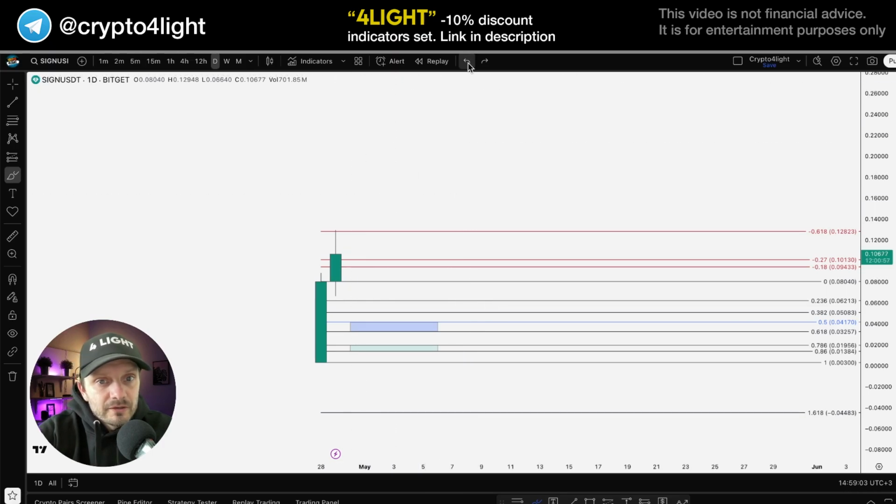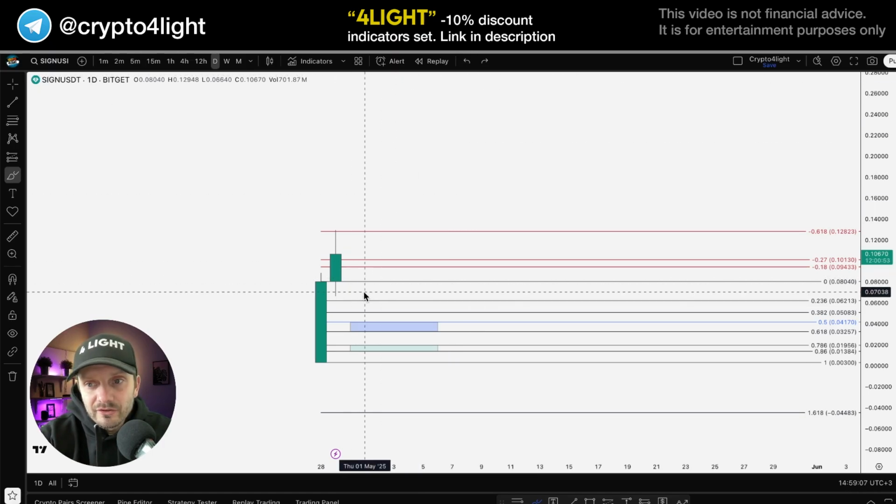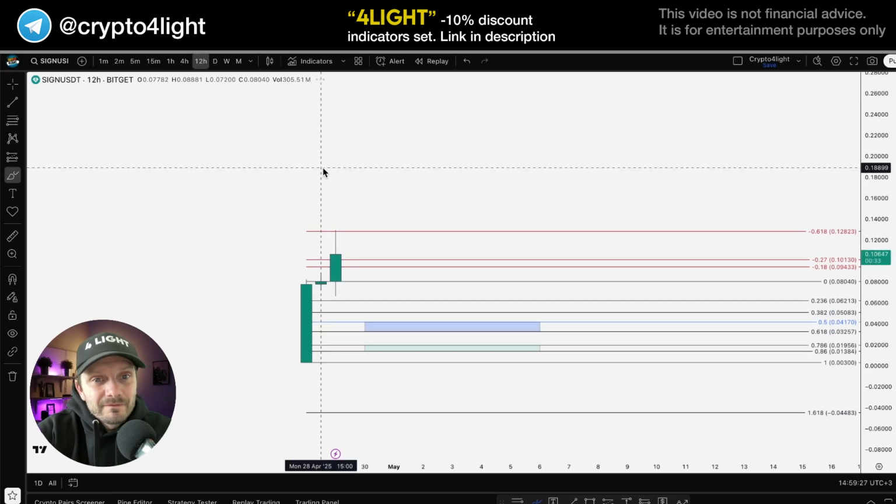People just see the date of the unlock, don't look at the price chart, and think it should be a dump. No, we saw examples, like Hashflow, when before the unlock the price dumped, and after the unlock the price pumped, because of human nature, human behavior. They usually lose money with the wrong decisions.